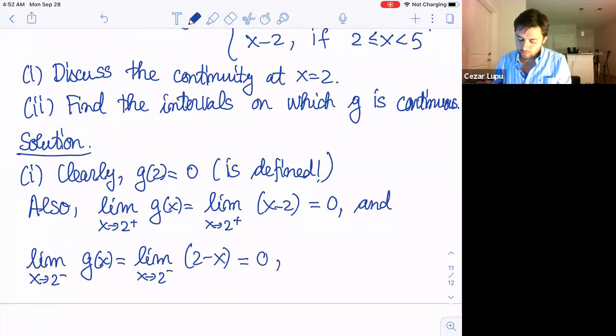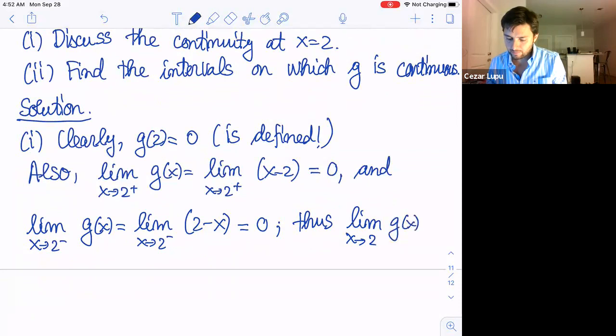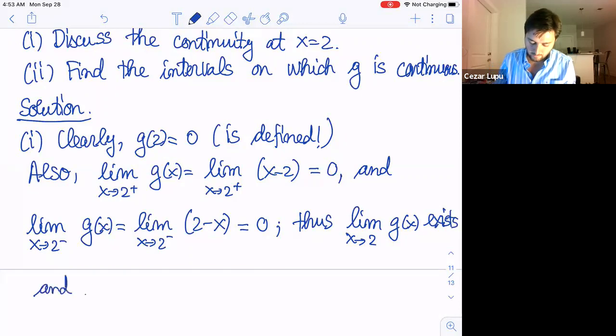So this implies that, since both of the one-sided limits agree, the limit as x approaches 2 of g of x exists, and it is equal to 0.